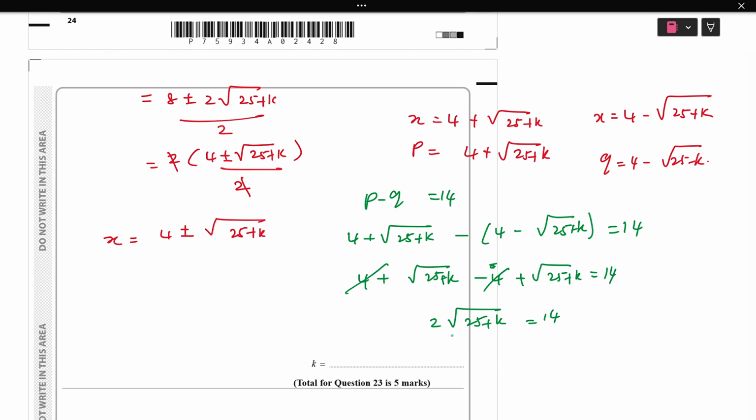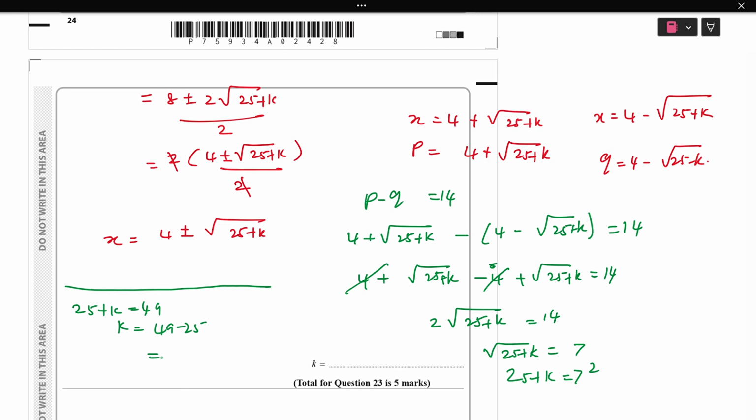When I take 2 to the other side, square root of 25 plus k equal to 7. So I'll square both the sides. When I square both the sides, 25 plus k equal to 7 squared. So 25 plus k equal to 49, k equal to 49 minus 25, which is 24. Yeah, the k answer is 24.